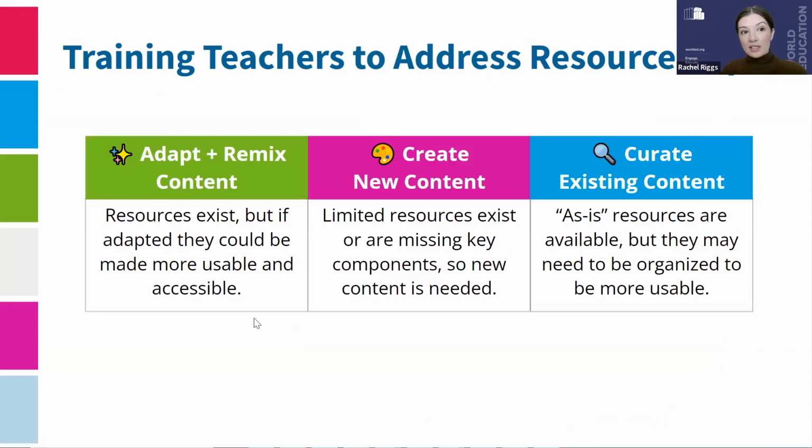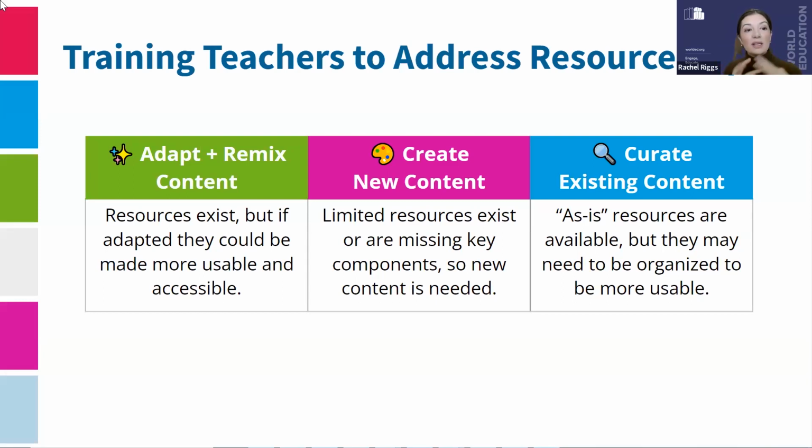When we do those trainings with teachers, we're focused on 3 core activities within the open educational resource generation aim. The first one is around adapting and remixing content when there is content that exists, but it's not exactly optimal for use. Maybe it's not readily usable or accessible.